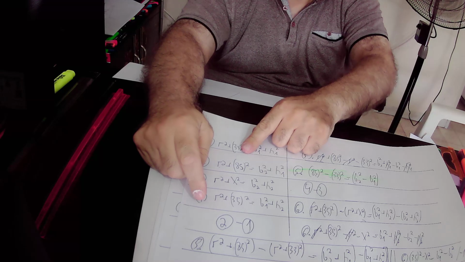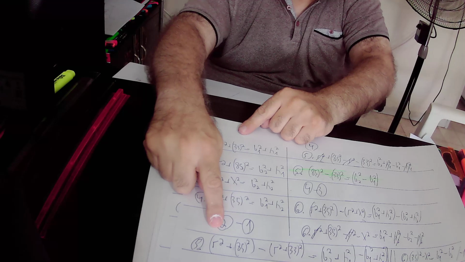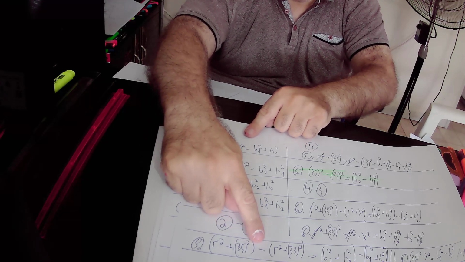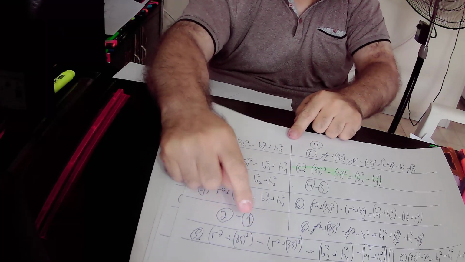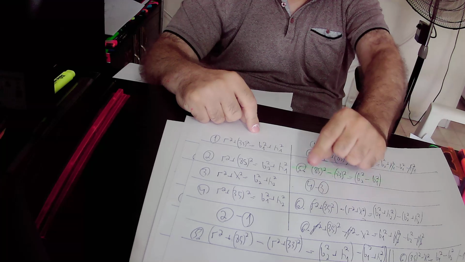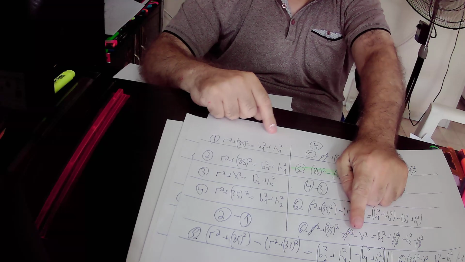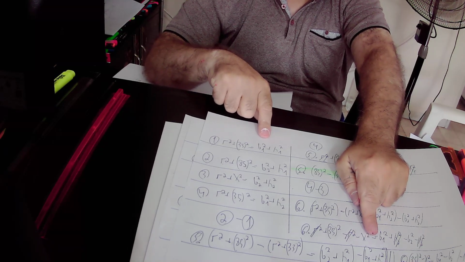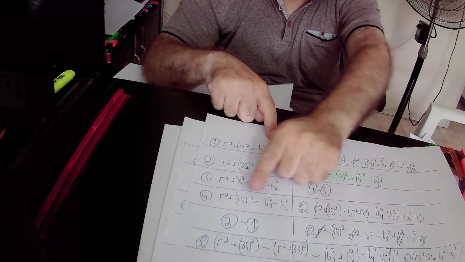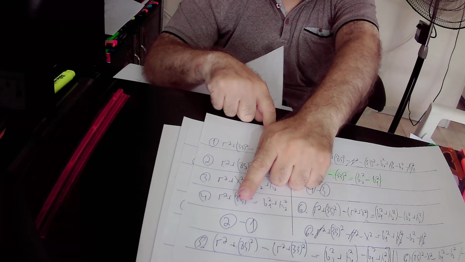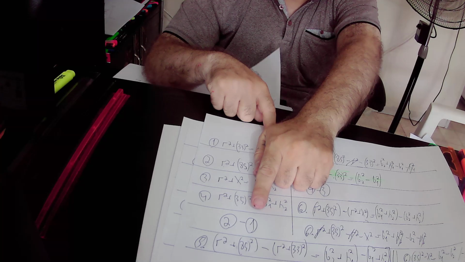Equation number 2, here we have r square plus 85 square, minus equation number 1, that is r square plus 33 square, and then we have the other side of equation number 2, that is b2 square plus h1 square, minus equation number 1, in the other side we have b1 square plus h1 square. So this expression, equation number 5, is the result of equation number 2 minus equation number 1.